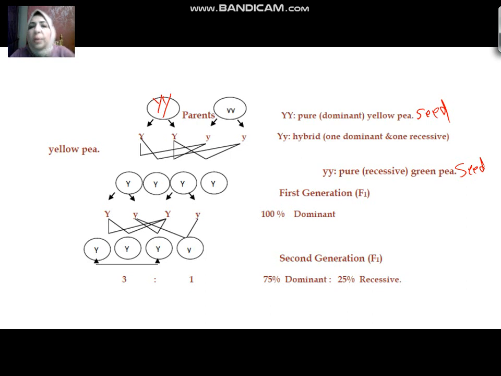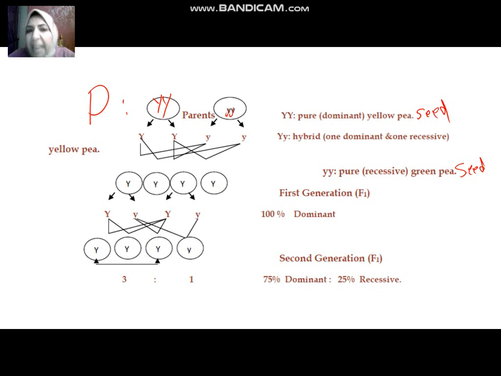So how can we express the recessive trait? By writing the same letters but small: y small, y small. This stage is called the stage of parents: pure dominant yellow seed and recessive green seed.